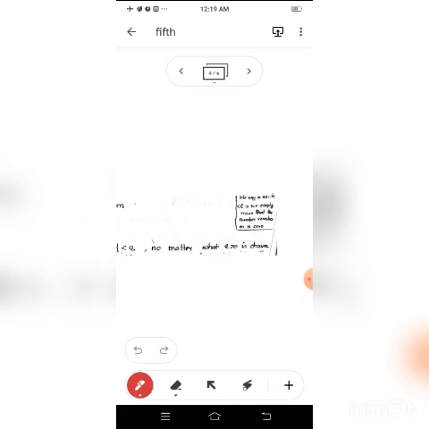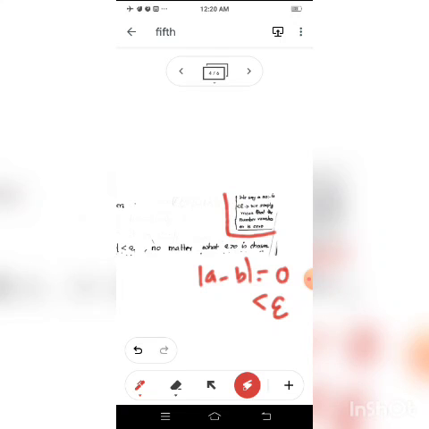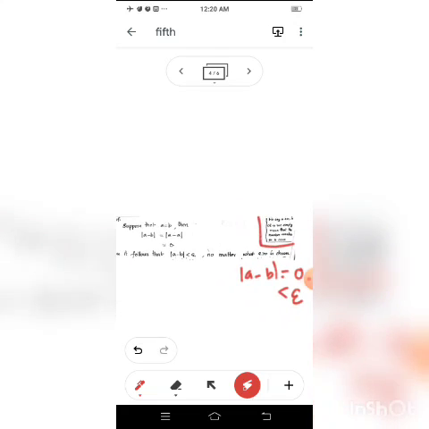Here we are proving that a minus b equal to 0, so that will be written as modulus of a minus b is less than epsilon. So the first case is proved.